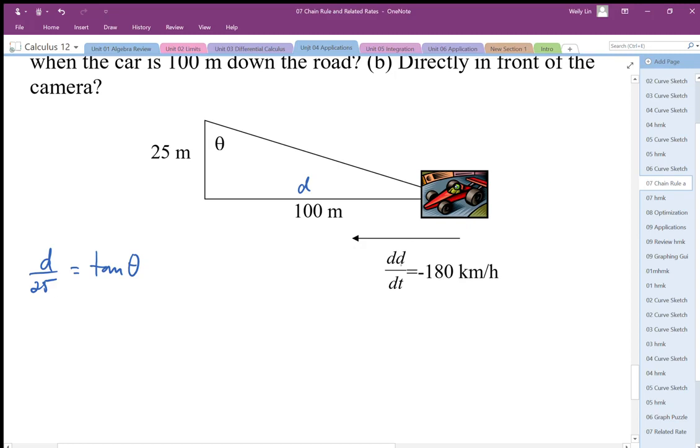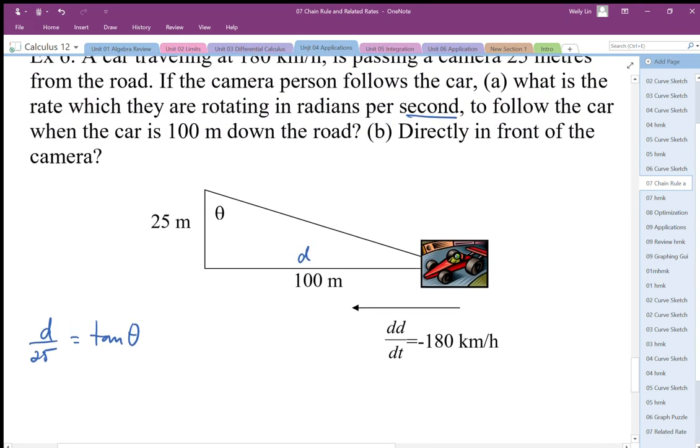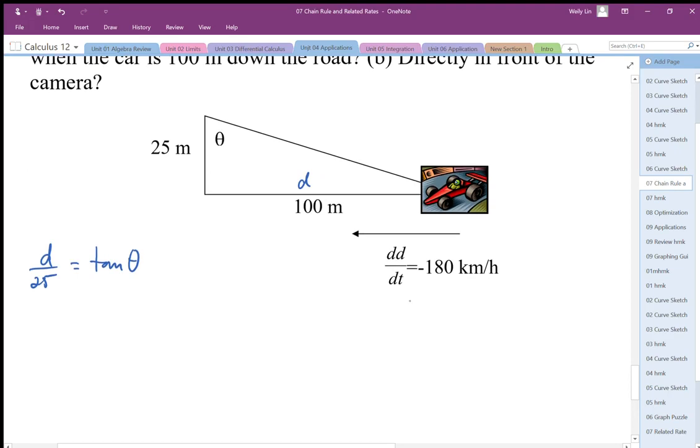The problem is the units here are meters, and the units here are kilometers. And I think we want radians per second. So what we're going to have to do is convert that dd over dt into negative 180,000 meters over seconds.